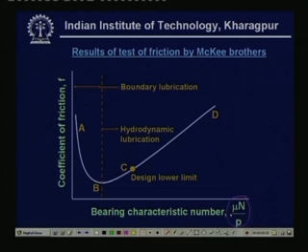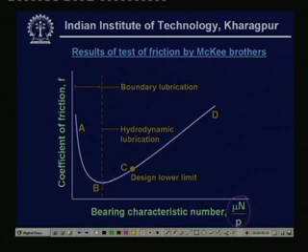This plot has been taken from the test results of Mackie brothers, and this shows a very important characteristic of journal bearing design. In this case, there is a demarcation line up to this one.